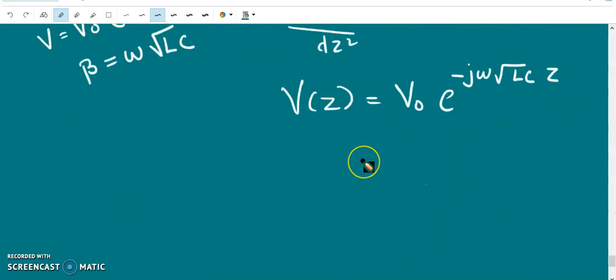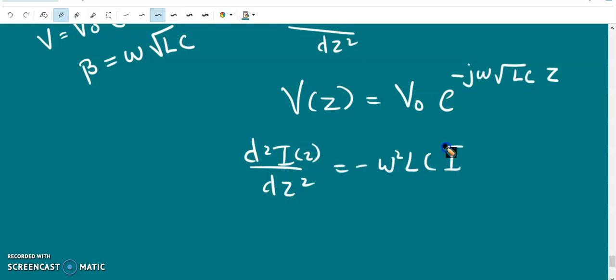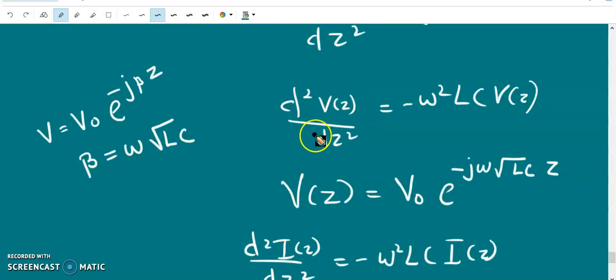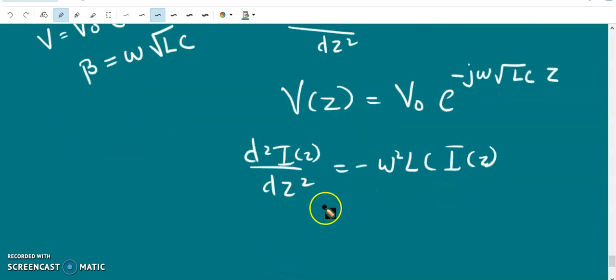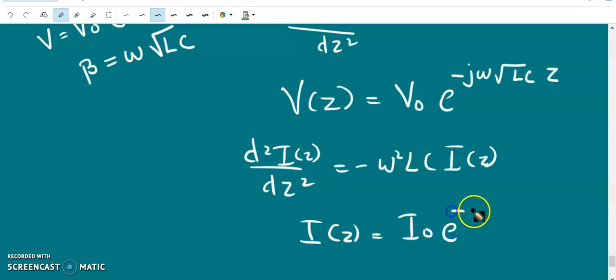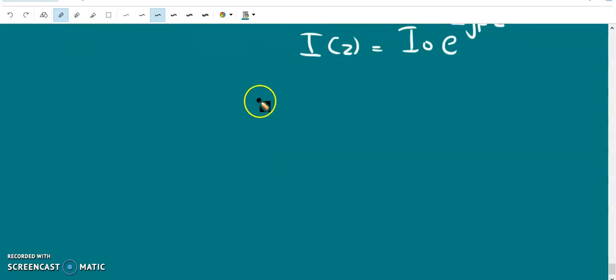We get d square I of z by dz square equal to minus omega square LC I of z. We have similar equations for I. The solution is I of z equal to I0 e to the power minus j beta z, where beta is equal to omega root LC.